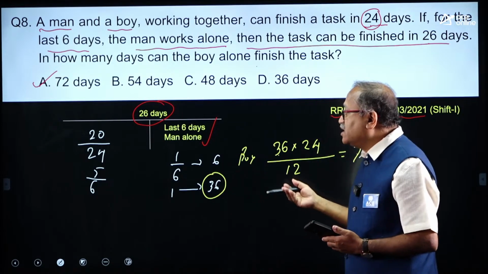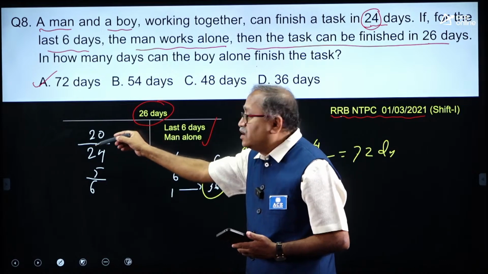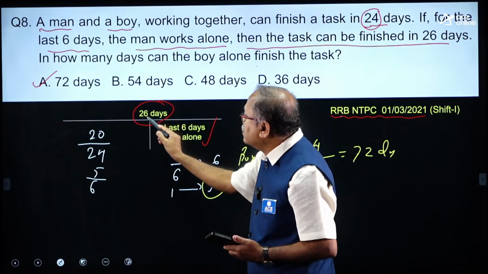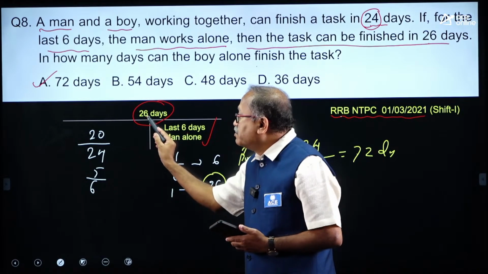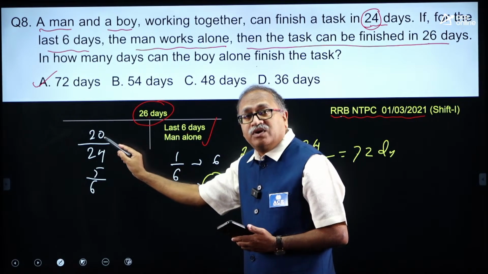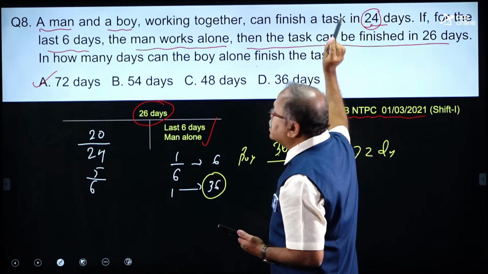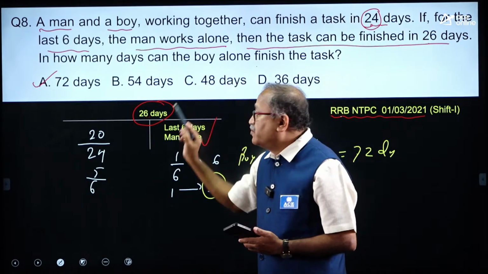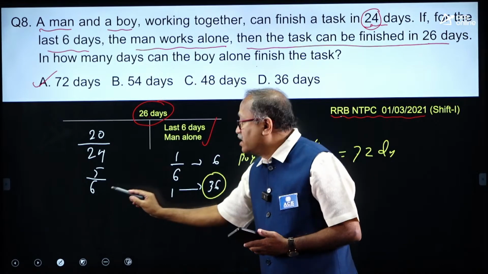If you understand the approach, it starts from here. In total 26 days, the last 6 days only the man, that means together they worked for 20 days. What part of the work did they complete? Together they complete the work in 24 days. In 20 days, 20/24, that is 5/6 of the work is completed.